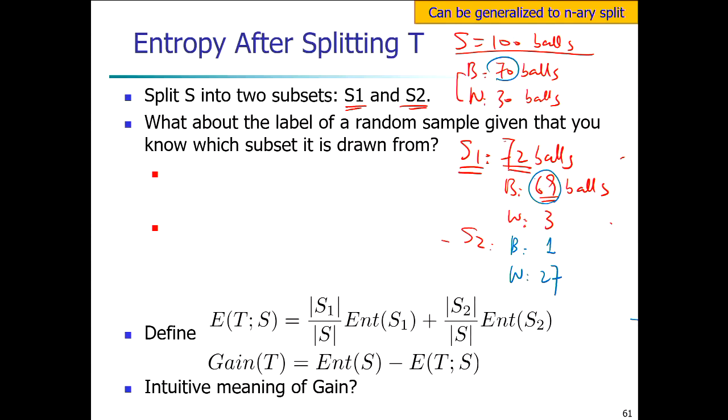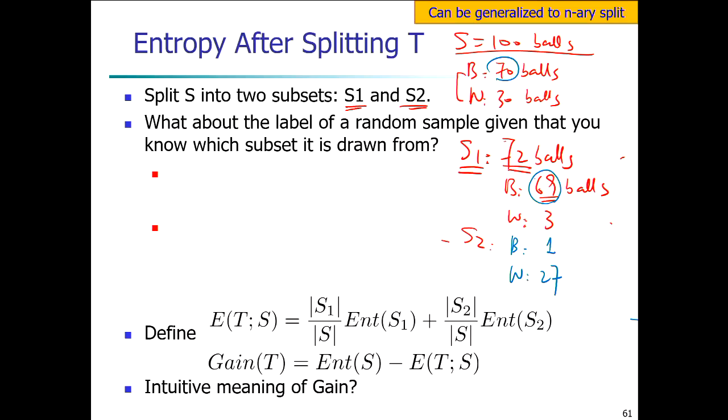So if I divide it magically into S1 and S2, and somehow almost all the black balls go into S1, which results in almost all the white balls, not really, but almost, going into S2, then the uncertainty of the whole system is going to be much less.